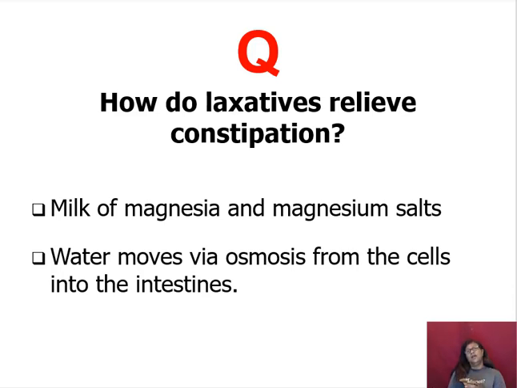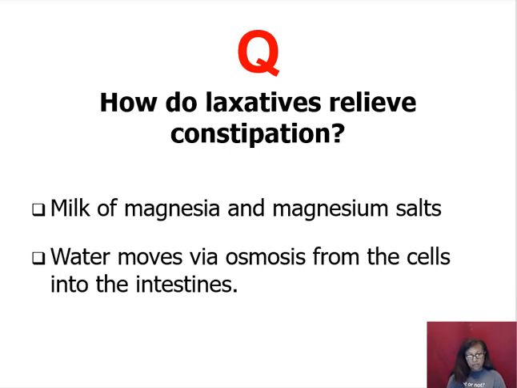Suddenly you've got all this water in the intestinal tract, and whoosh, you just flush things out, right? And someone a long time ago made a lot of money off of that knowledge when they created milk of magnesia, just based on the knowledge of osmosis.